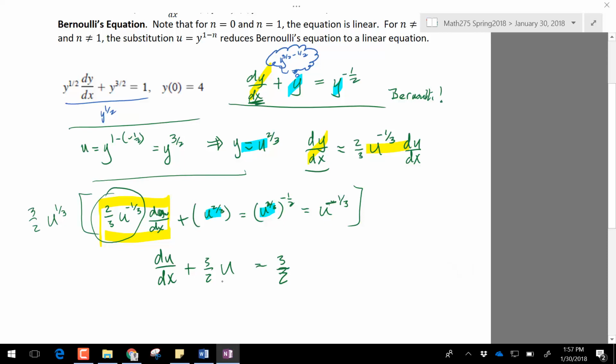It is first order. It's linear. So it's a first order linear differential equation. Okay?